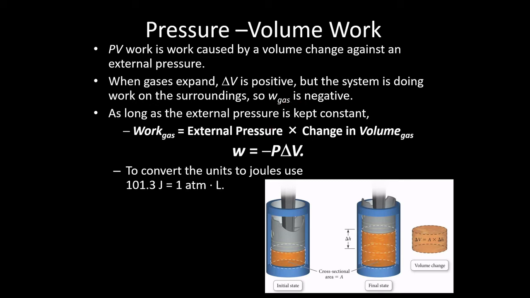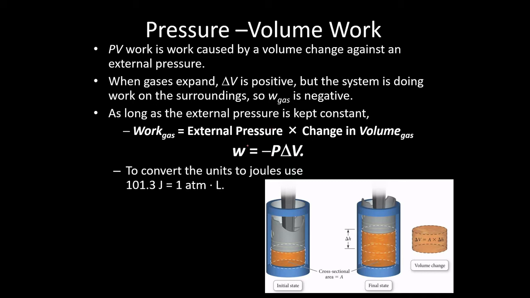So again, if the gas is expanding, it's pushing out against the surroundings, and so it is doing work, which means that it has negative work values. And if the gas is being compressed, if it's being squashed down, that means the surroundings are doing work to our system. And again, this is assuming that the gas is our system, which is always going to be the case for these types of situations.